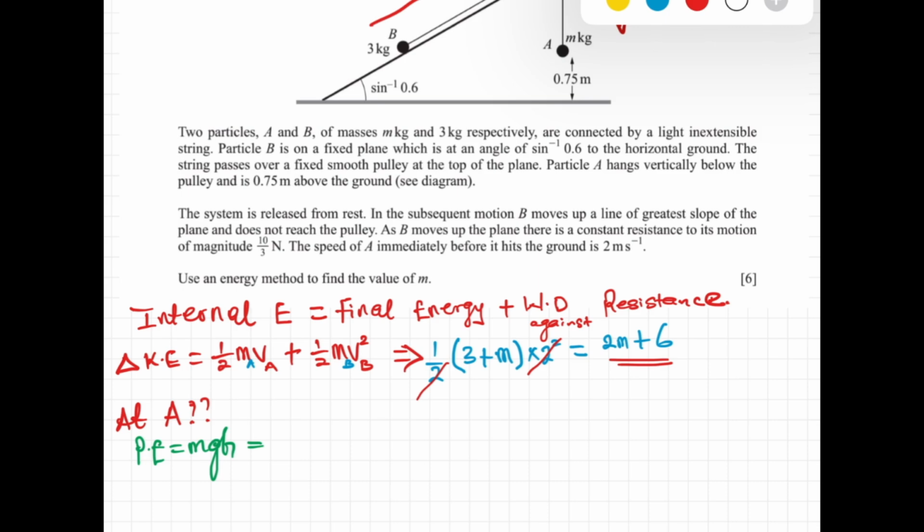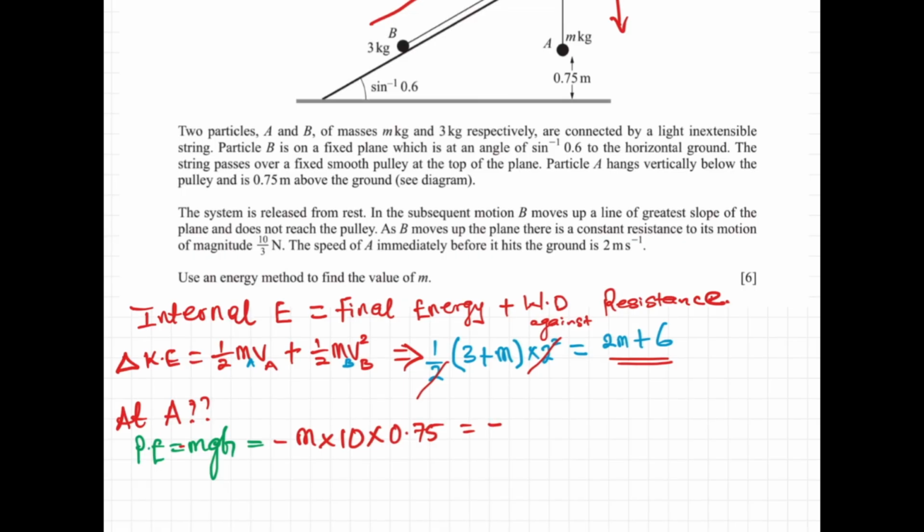Now the mass is m, g is 10, and the height, they told us, is 0.75. So this gives me minus 7.5m.